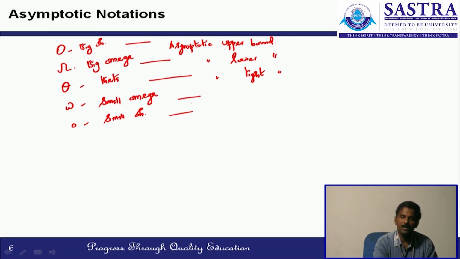Small omega, asymptotic lower bound that is not asymptotically tight. These are the different convenient notations which are used to represent the running time of any algorithm. In general, the running time of an algorithm is represented conveniently using the big O or a theta notation. Now let us explore these notations.